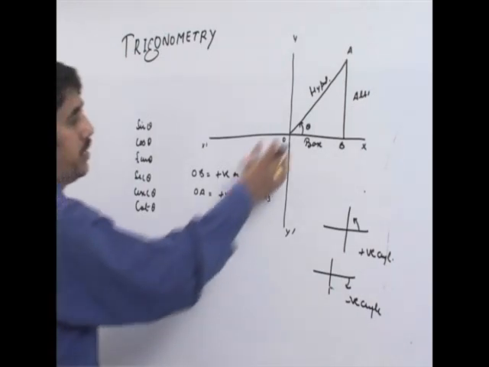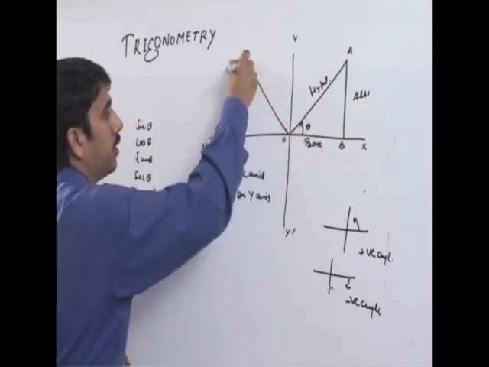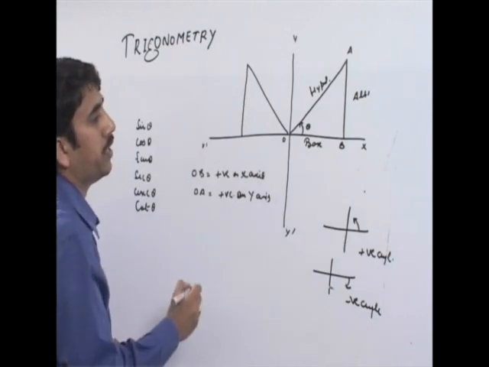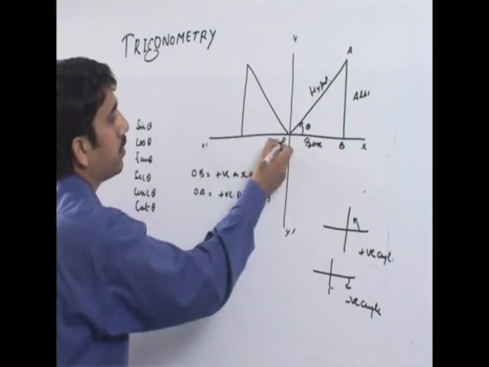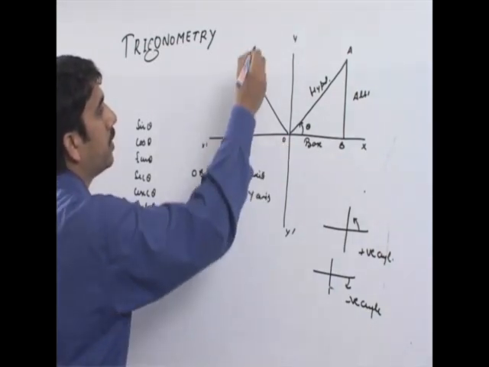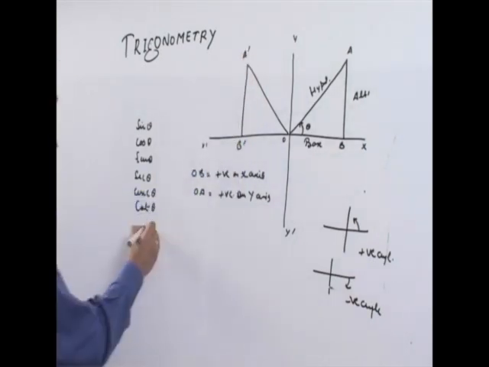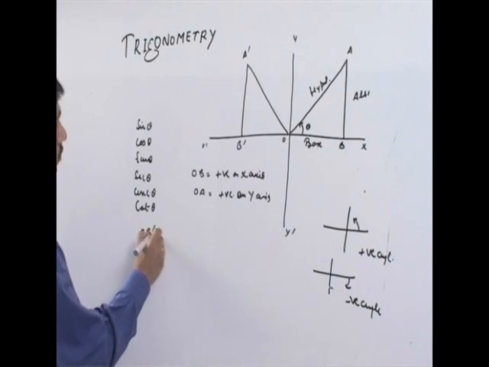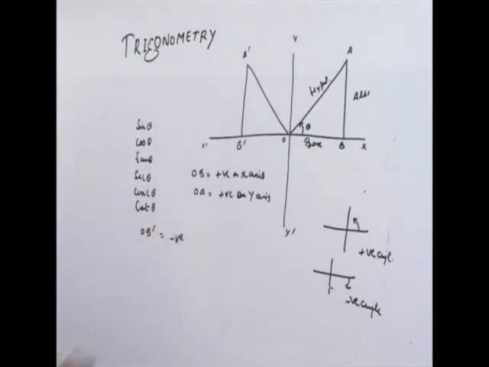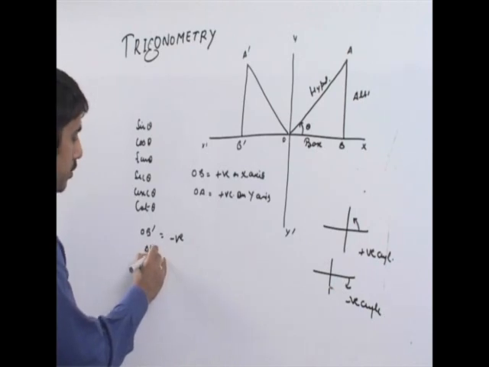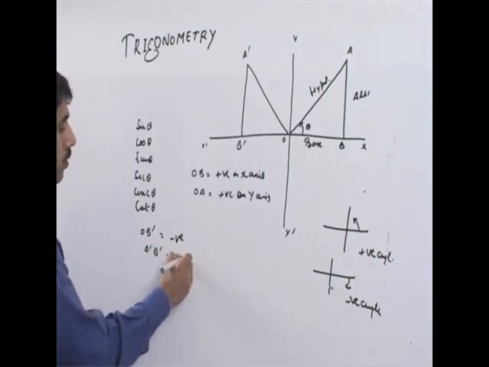But if you take this triangle in second quadrant, suppose this is B dash and this is A dash, then OB dash will be negative. And A dash B dash will be positive.